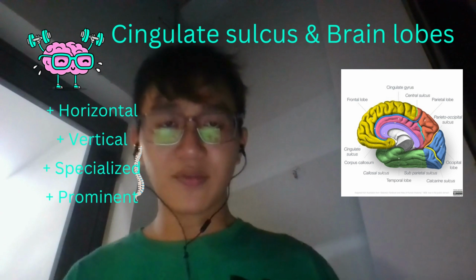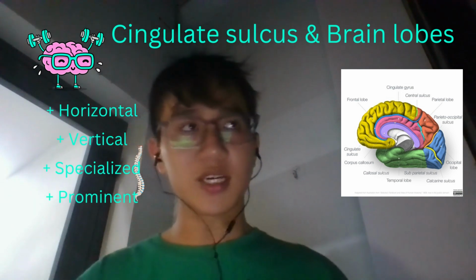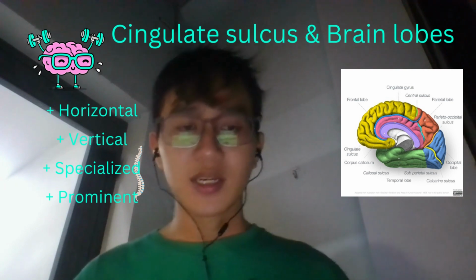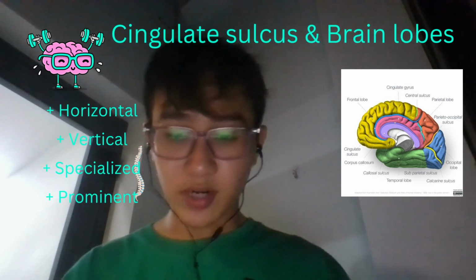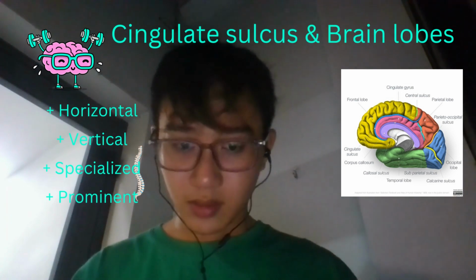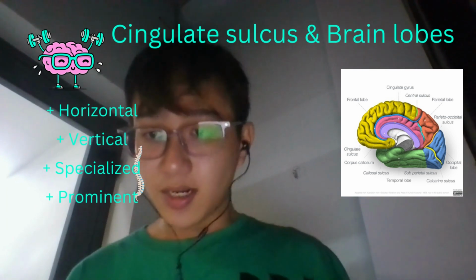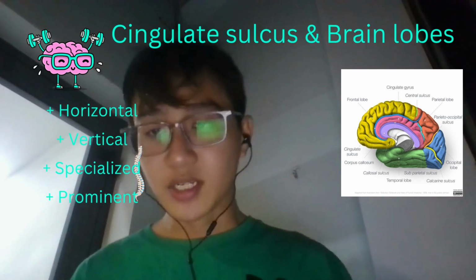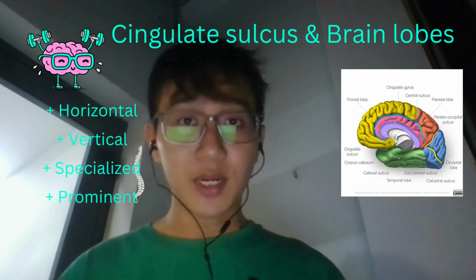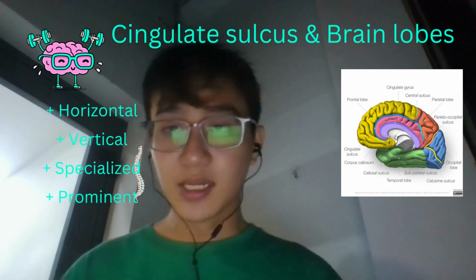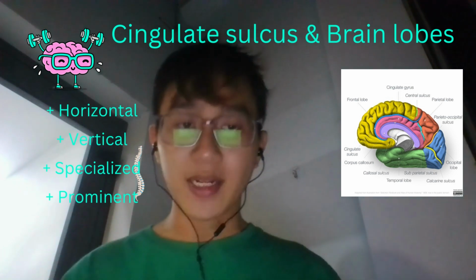Gyrus, like in the previous video, we had talked about one part that includes gyrus. So what is gyrus? Okay, here is the definition. I searched what is gyrus, and the result: a gyrus is a ridge on the surface of the brain.